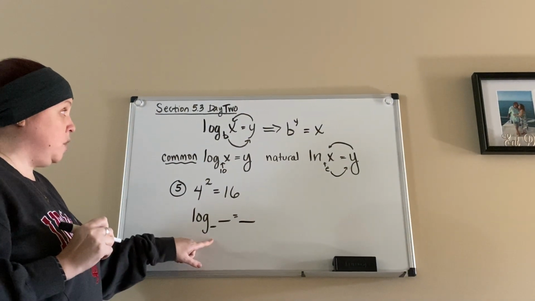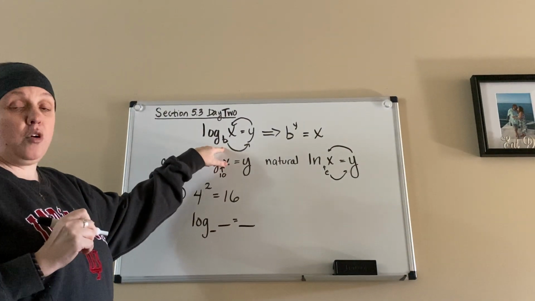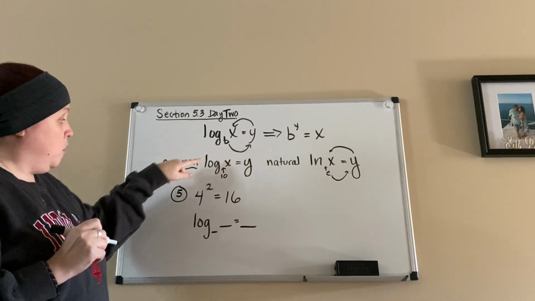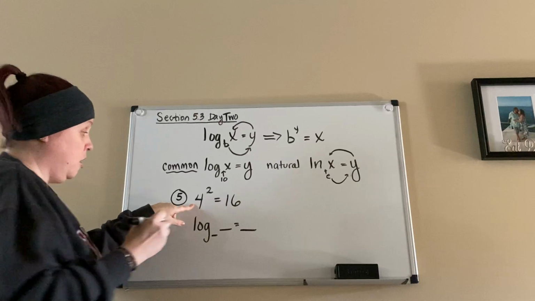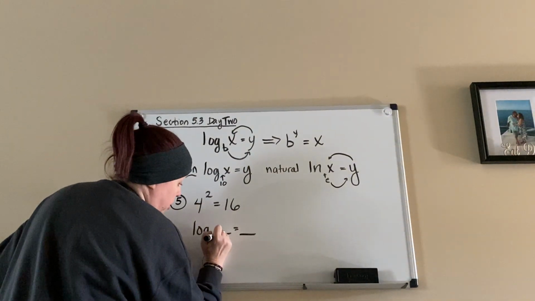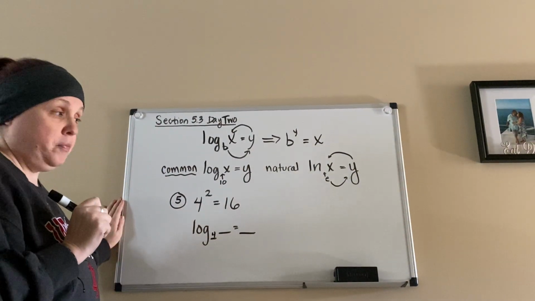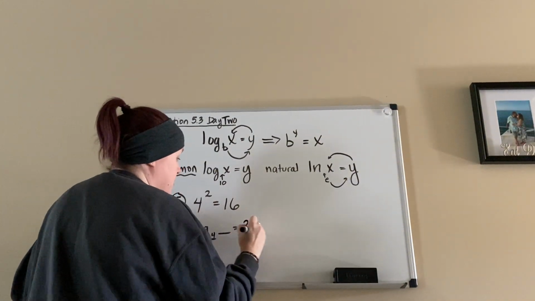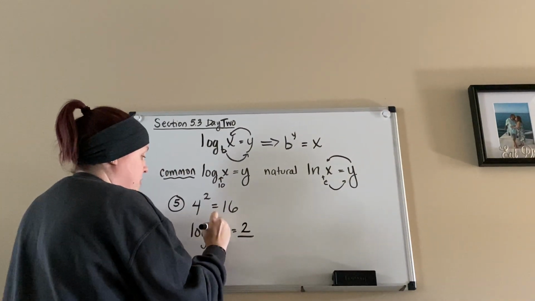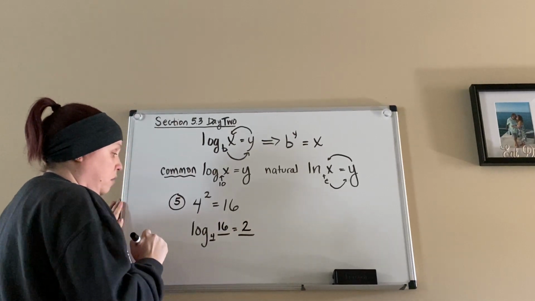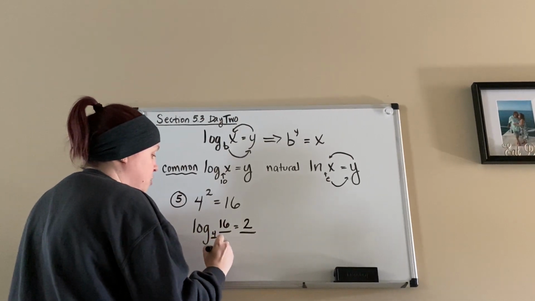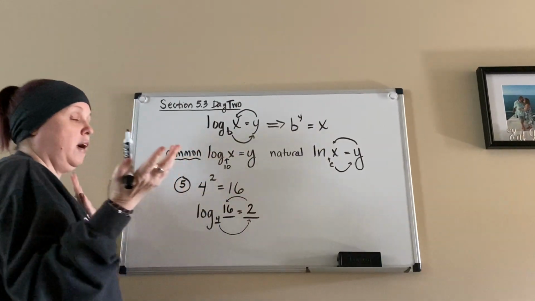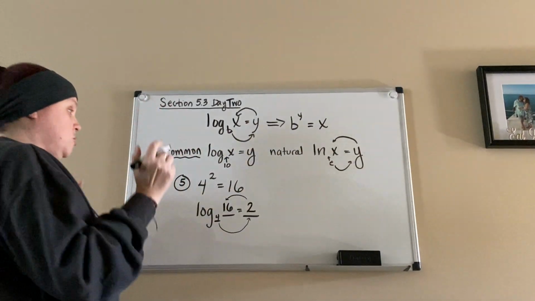You have to do it based off of what the format of the circle looks like. So the 4 goes down in the bottom part of the logarithm. The 2 goes on the opposite side, and the 16 goes in the middle. Double check yourself, make sure you're right: 4 to the 2 equals 16. Ta-da, we're right.